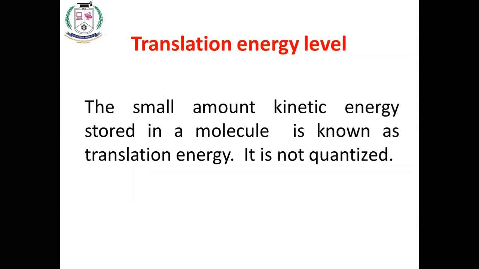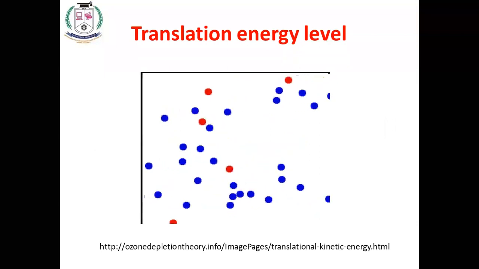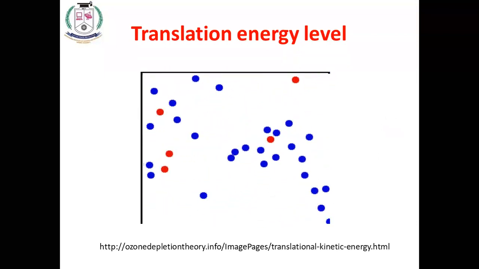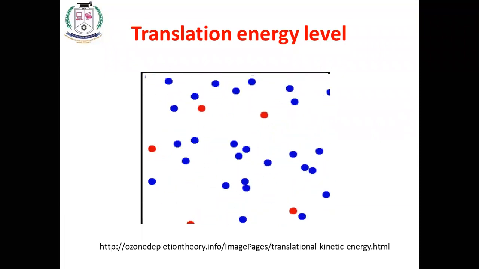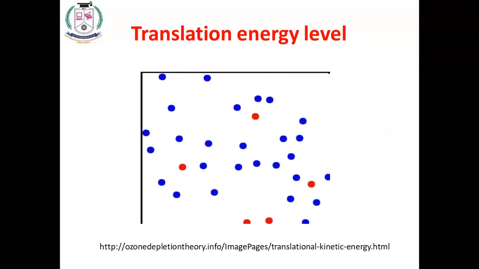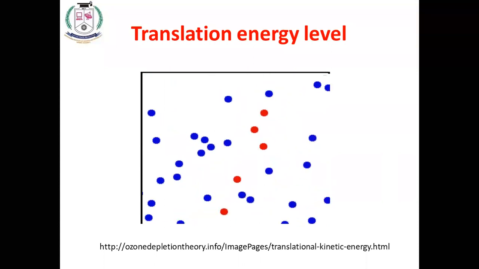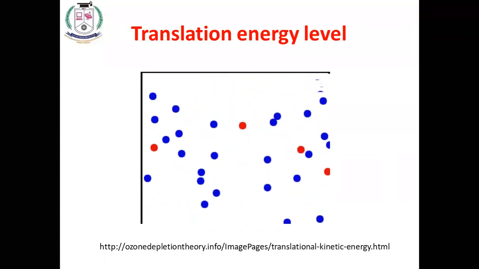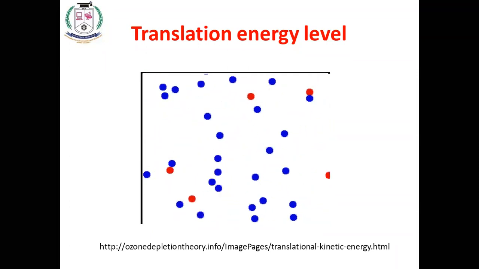For solids, negligible, and moreover, it is not quantized. This is the translational energy. Due to the movement, due to the kinetic energy of the molecule, this translational energy will come, and this is very less.